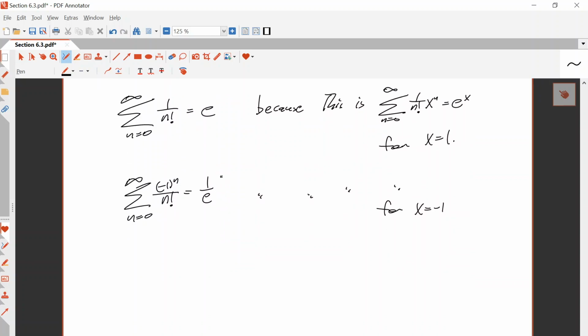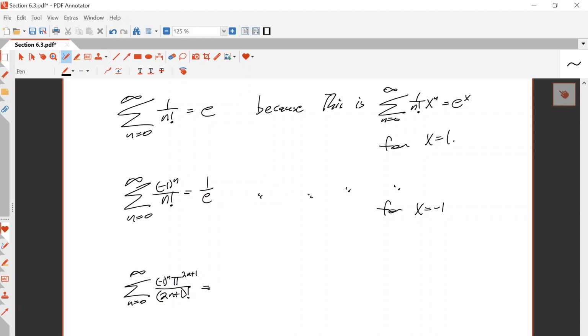How about this? The sum of minus 1 to the n pi to the 2n plus 1 over 2n plus 1 factorial.